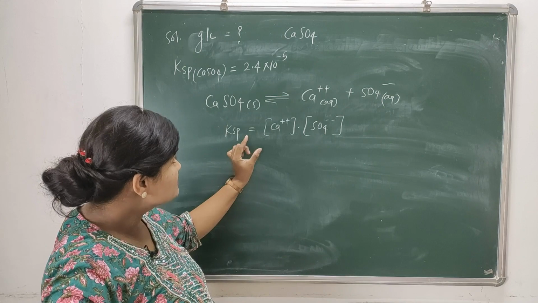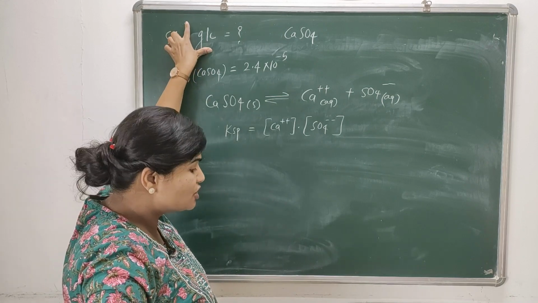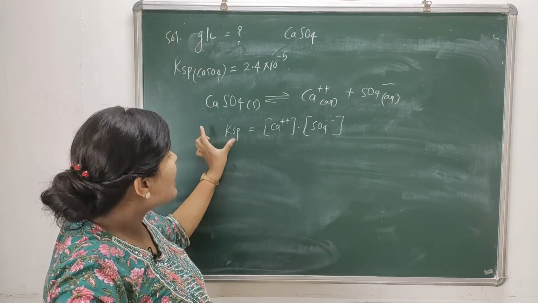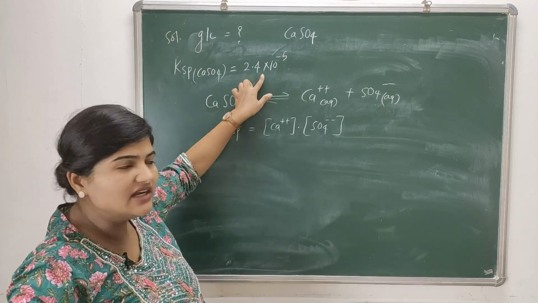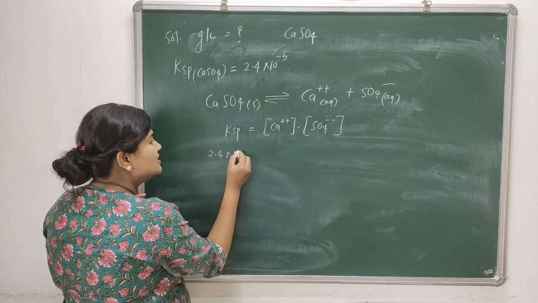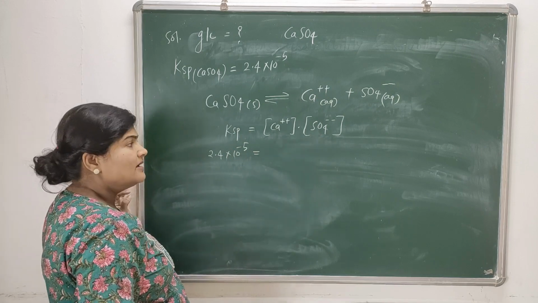Now they have asked me to find the solubility in gram per liter. I have this equation. I have the value of Ksp given, right? So I can put my value here. 2.4 into 10 raised to minus 5 is equal to this into this.